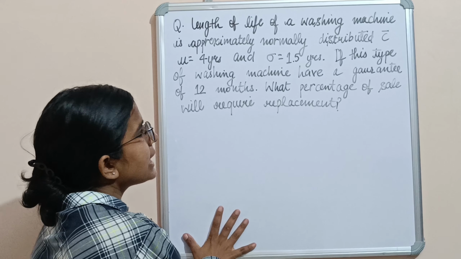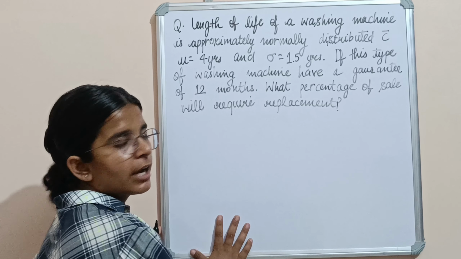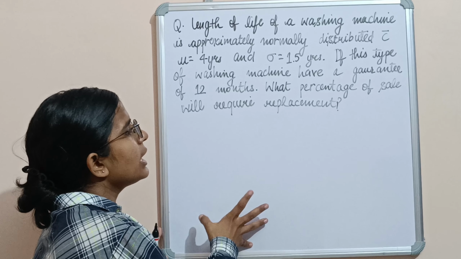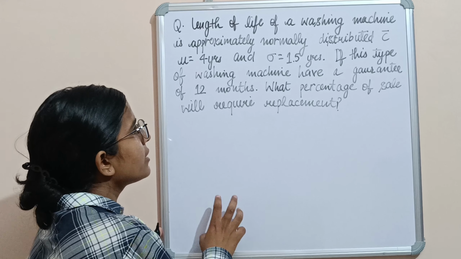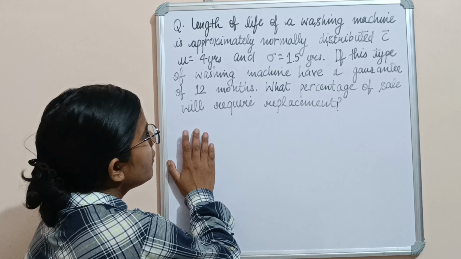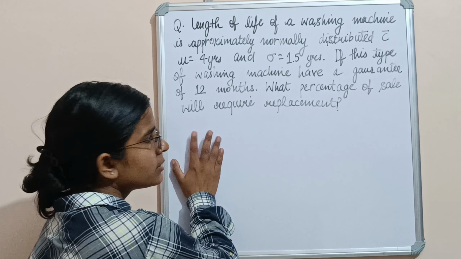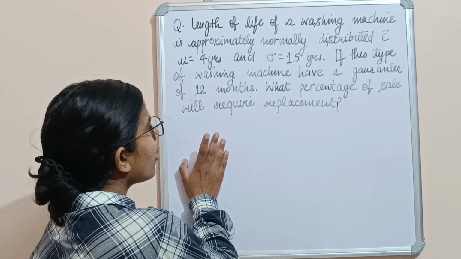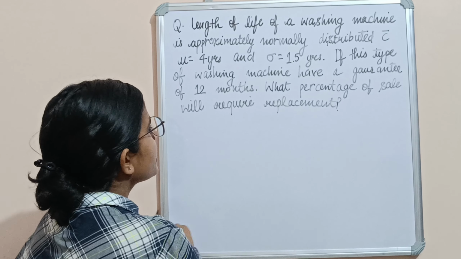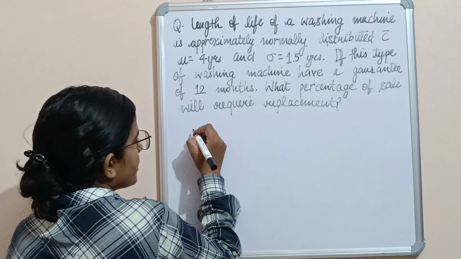When will a sale require replacement? When the machine gets a defect in less than 12 months, because it gives a guarantee of 12 months, and 12 months equals 1 year.